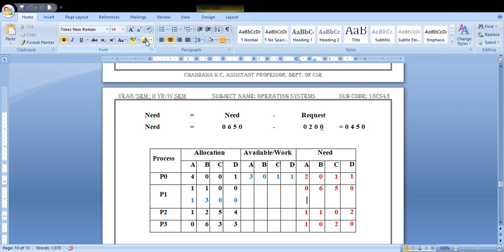What is the new need value? It's 0450. This is the new need value.